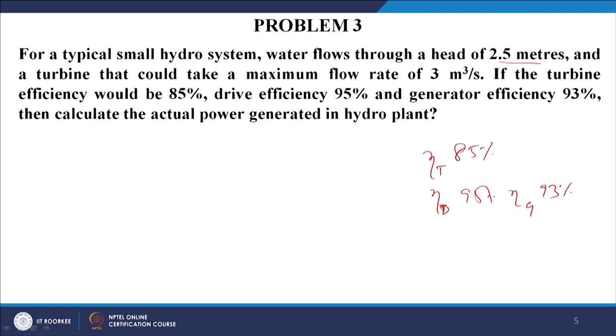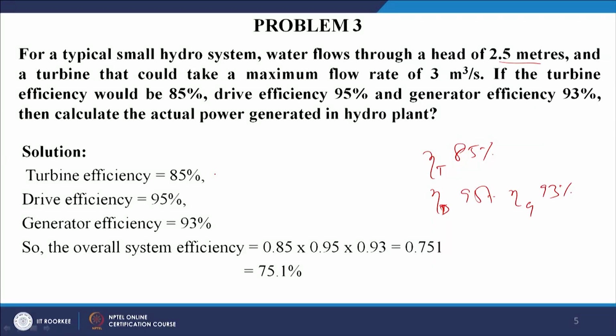So, these are the efficiencies. We will get the overall efficiency by multiplying these three: 0.85 into 0.95 into 0.93. That is the overall efficiency for the energy conversion, and then we will use the energy expression and we will get how much energy is available.